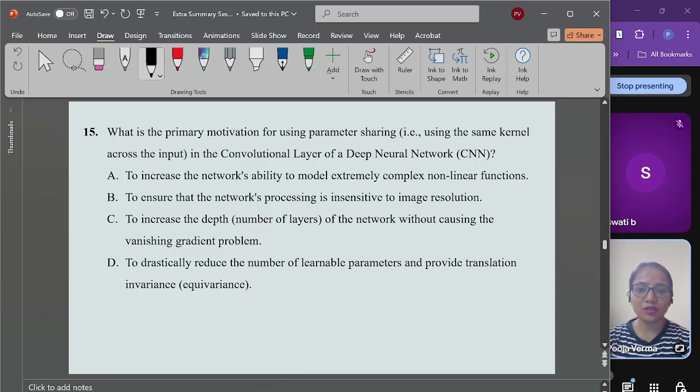Option B, to ensure that network processing is insensitive to image resolution. Option C, to increase the depth, that is the number of layers of the network, without causing the vanishing gradient problem. Or option D, to drastically reduce the number of learnable parameters and provide translation invariance or equivariance.